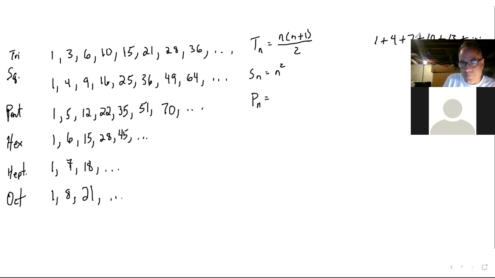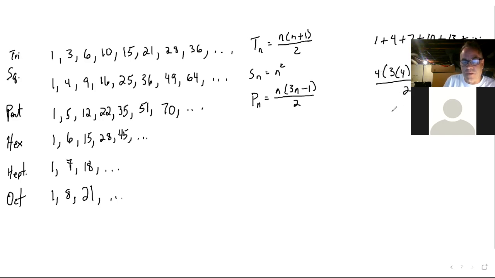That summing formula looks like this for this one right here. It's n times 3n minus 1 divided by 2. So if I wanted the fourth term, which we know is 22 for the pentagonal numbers, if I plug 4 in here, just to verify that it works, this should come out to be 22.